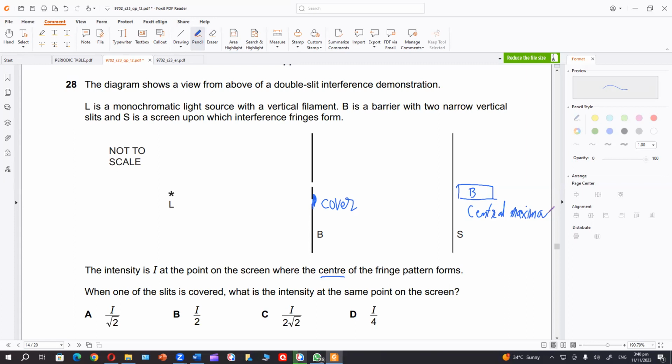And the rule says intensity is proportional to A square.